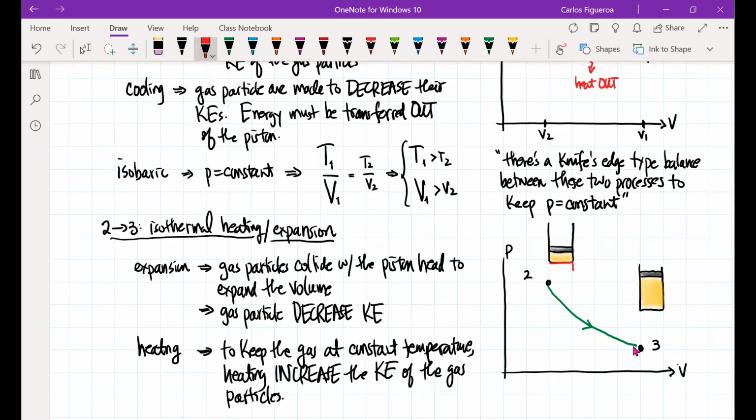I have to have heat that now increases the kinetic energies of the gas particles. So now what you're seeing here is that I now have heat flow from my heat source, and it goes into the gas. Right? It goes into the gas.